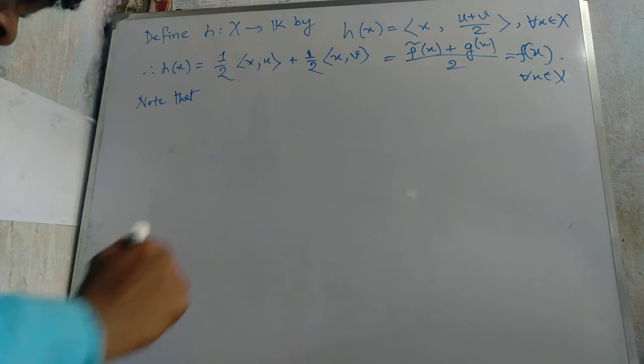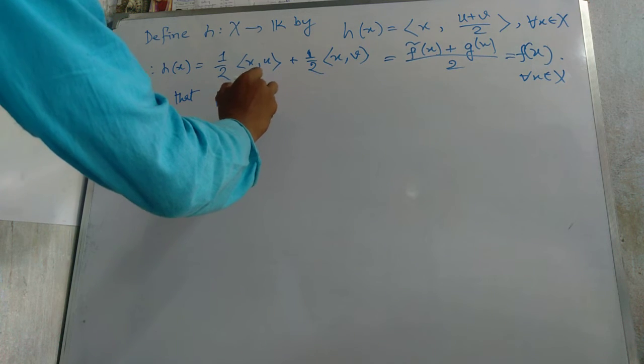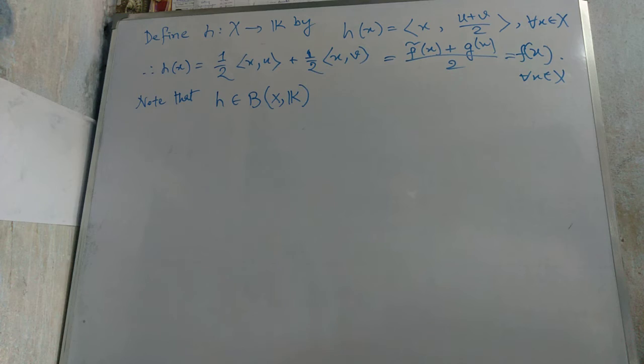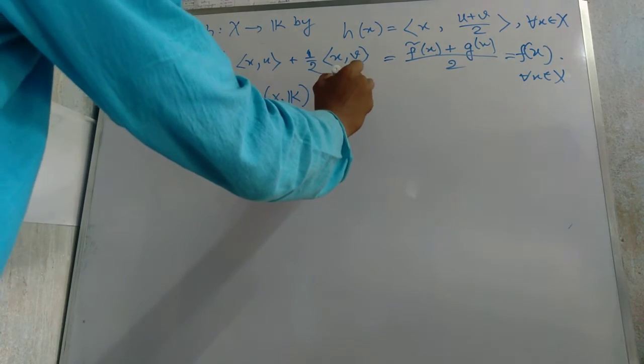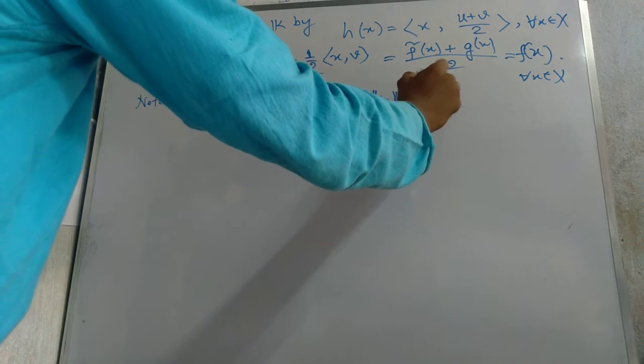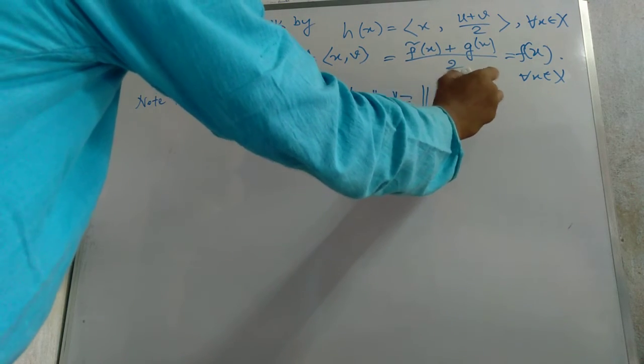Then note that h belongs to B(X, K), with norm of h equal to norm of (u plus v) by 2.